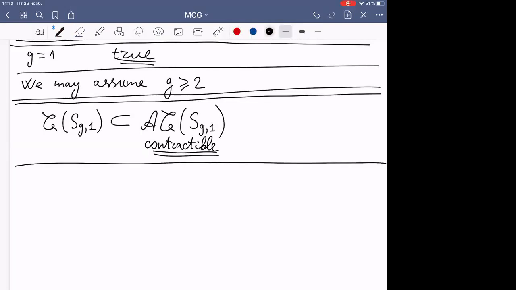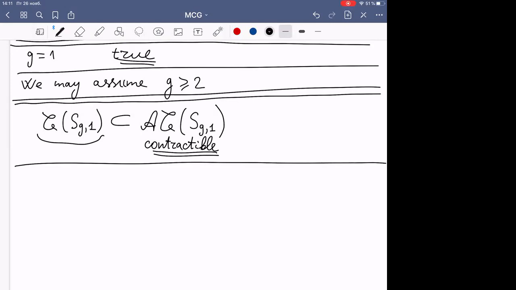And now look, this is a subcomplex of the contractible complex. Now we would like to study how this contractible complex is obtained from this complex. And analyzing this process, we understand something about the connectedness of the original complex.